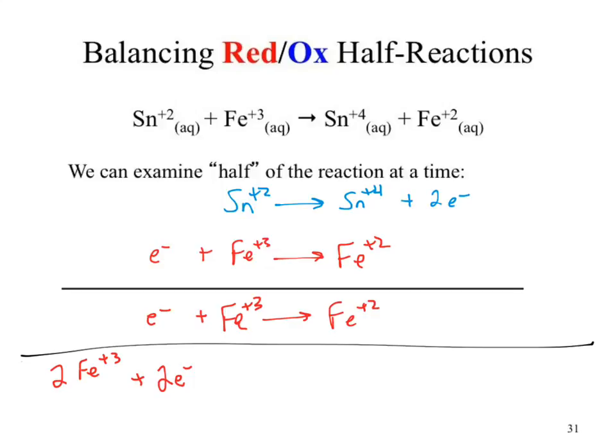What else is on the reactant side? Where are the reactants on our arrows? Plus tin plus 2 goes to form what are our products? 2Fe plus 2. I have 2 Fe plus 2s. What else? I have an Sn plus 4. What else?